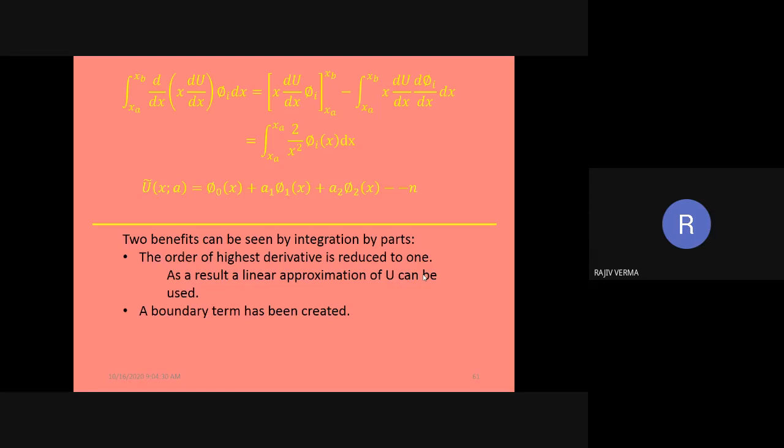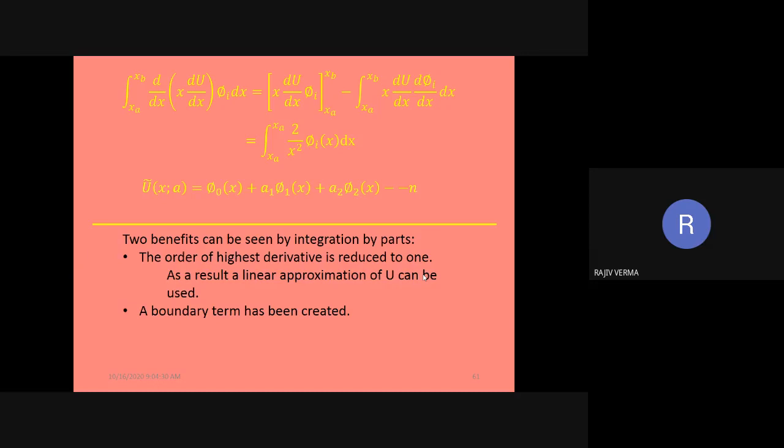Now the other thing should be clear, that a boundary term is created. The boundary term is given by x into du by dx multiplied by phi I to be evaluated at xa and xb. The term x into du by dx at phi I is not supposed to be integrated. It has to be evaluated at xb and xa.